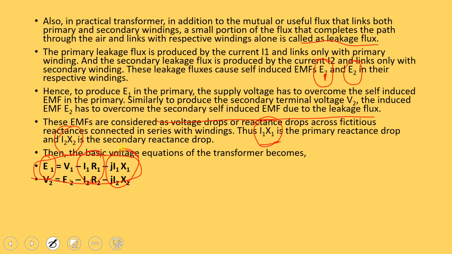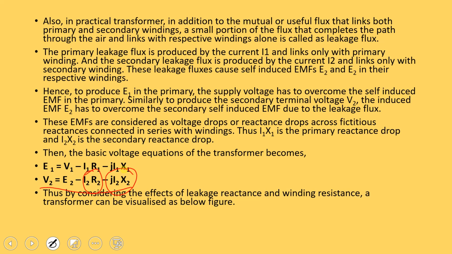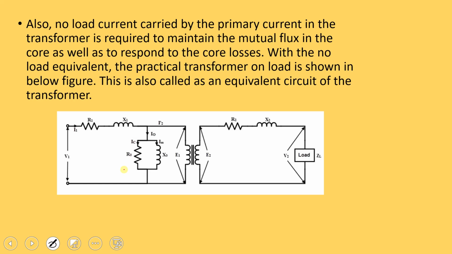Similarly, V2 will become E2, the induced voltage, minus the voltage drop across the resistance R2 and the voltage drop across the reactance X2. Thus, by considering the effect of leakage reactance and winding resistance, a transformer can be visualized as in the figure below. So, the circuit will become like this.